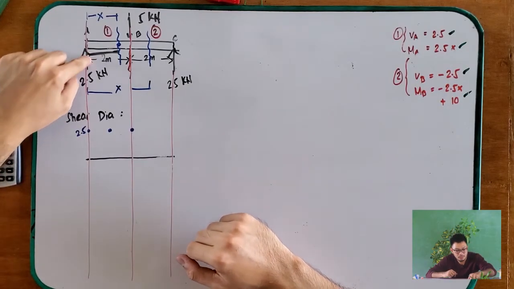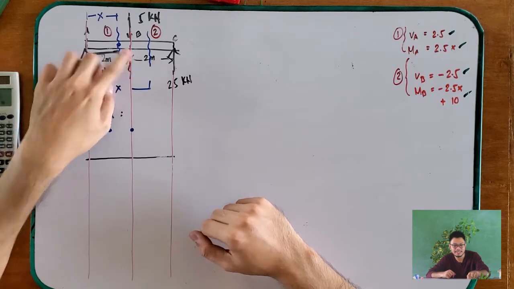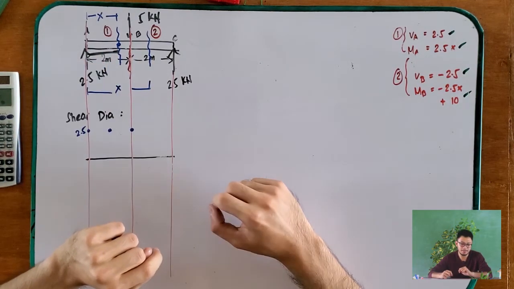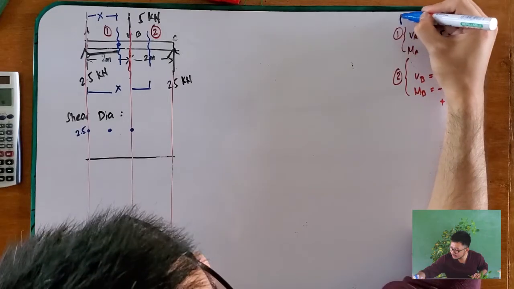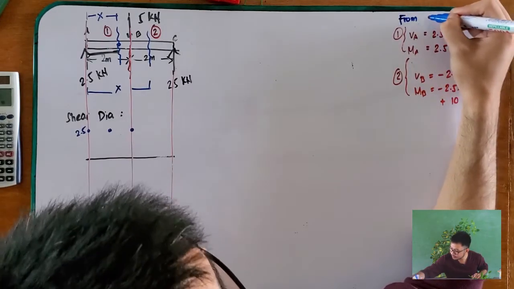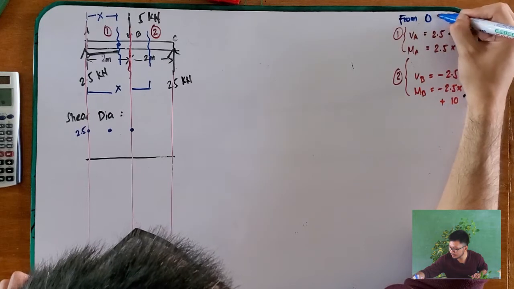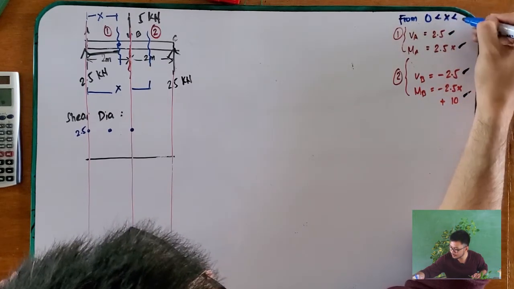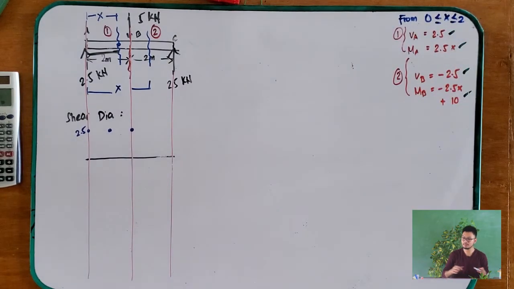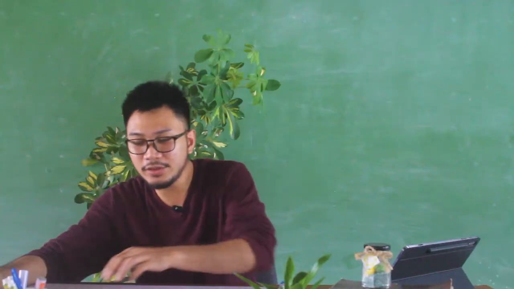Kaya diba, ang atong segment 1 is from 0, 1, 2 meters. Okay? So, basically, kani imong segment 1 from 0 to 2 for x. Okay? So, gamito nimo ang imong first nga shear and moment equation kung naa ka sa imong segment 1.